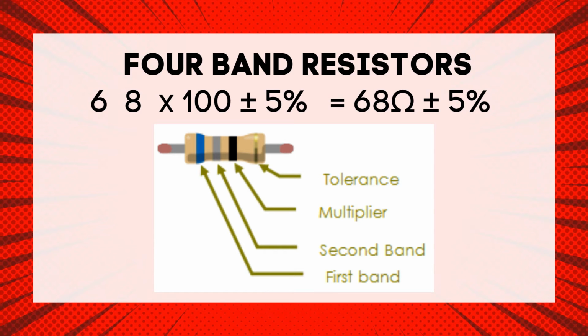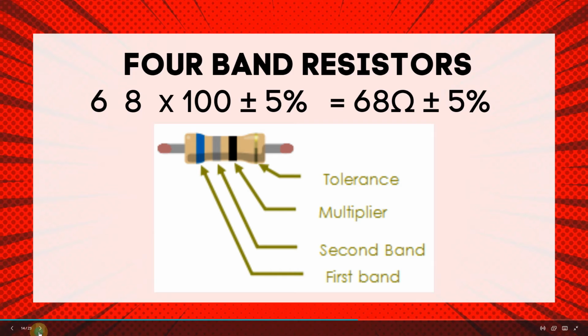The third band is the multiplier and the fourth band is the tolerance. The multiplier is a certain value applied to the first two digits. So for our example, we have 68 times 100 plus or minus 5%, which is equal to 6800 ohms plus or minus 5%.